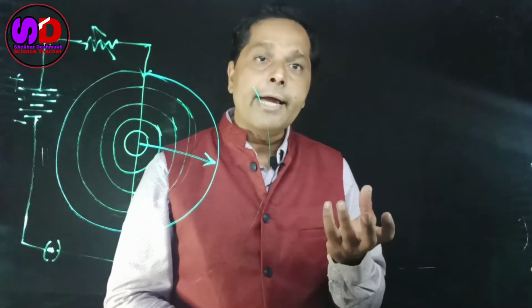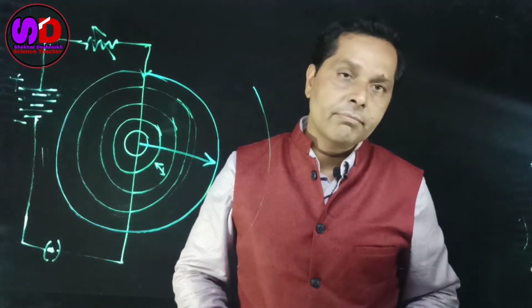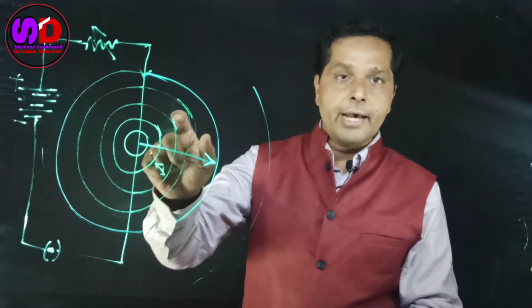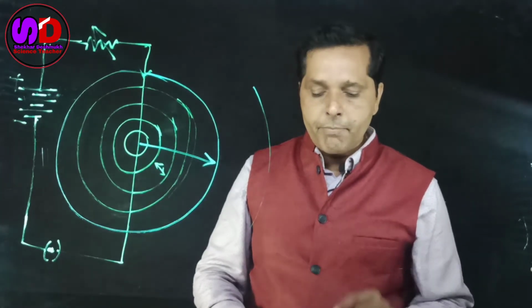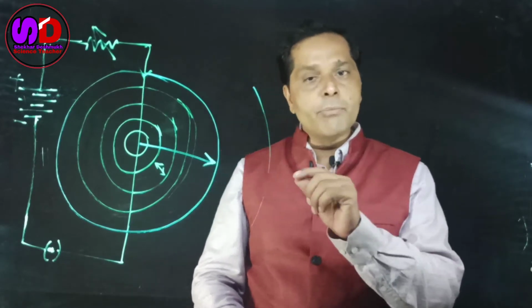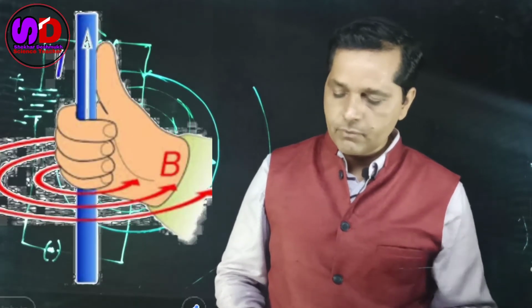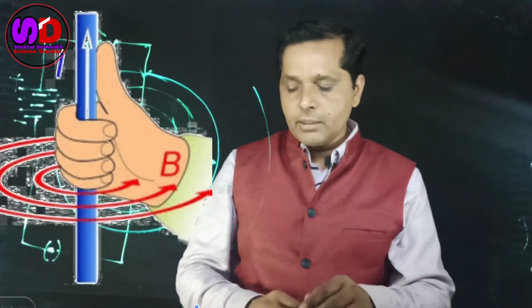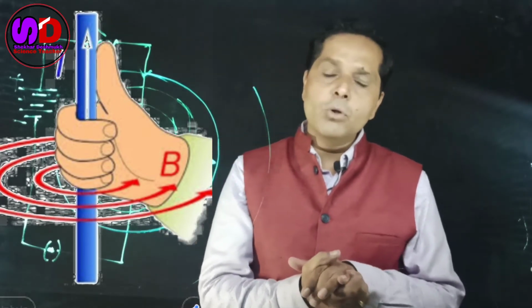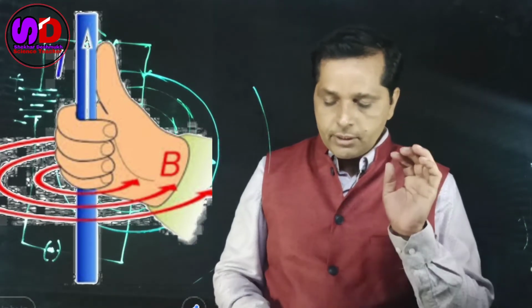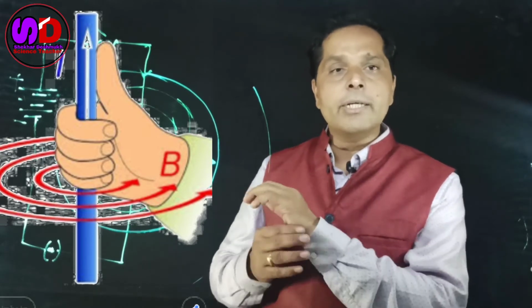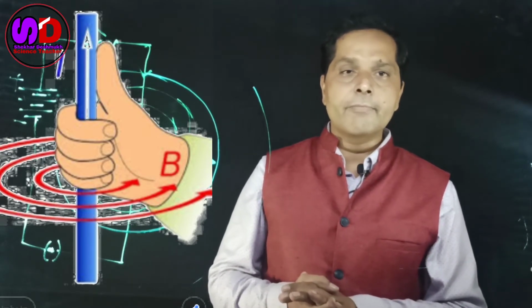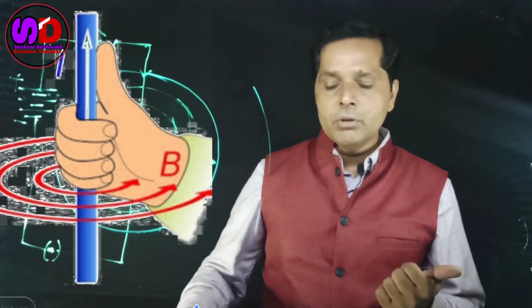So what about the direction of the magnetic field now? The direction of the magnetic field is given by the right hand thumb rule. In this right hand thumb rule we can easily find out the direction of the magnetic field. So how?